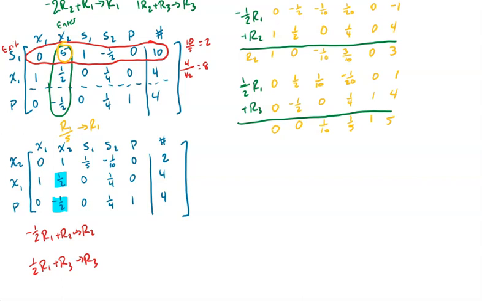Cool, so let's go ahead and make our last tableau. This will be our final tableau, I promise. So x1, x2, s1, s2, p, and number. We still have x2, x1, and p on the side.